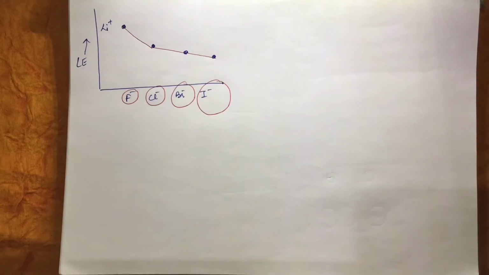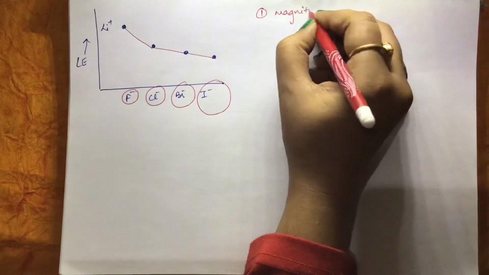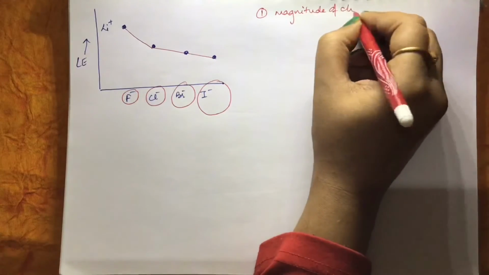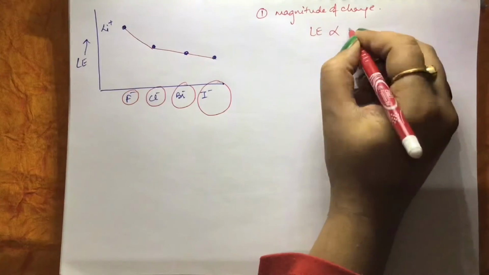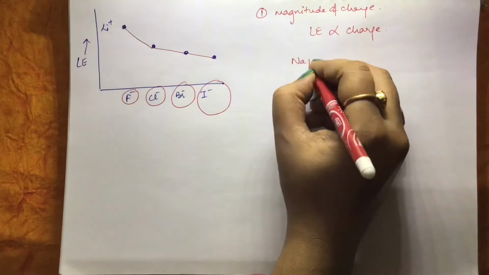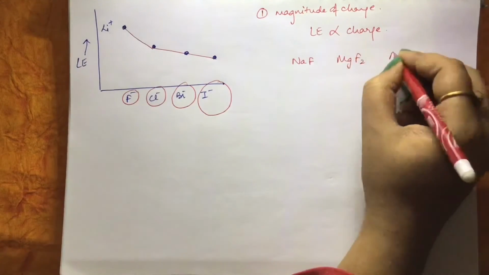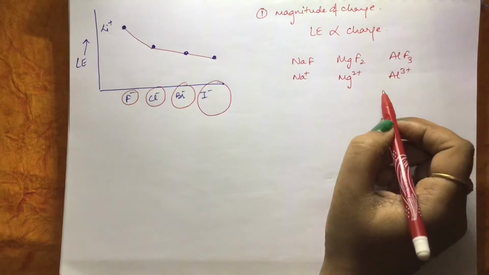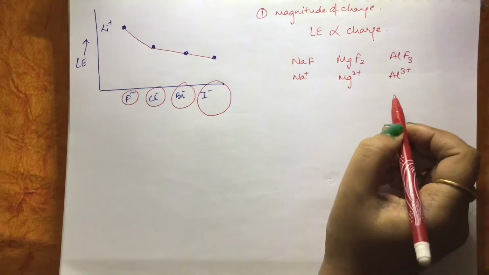So factors affecting, अगर आपने देखा हो, first is magnitude of charge. ठीक है, तो हमने देखा कि लैटिस एंथैल्पी जो है that directly depends upon charge. Suppose now if I give you 3 molecules NaF, MgF2 and AlF3, तो जितना ज़्यादा केटायनिक चार्ज होगा साइज उतना ही छोटा होगा.